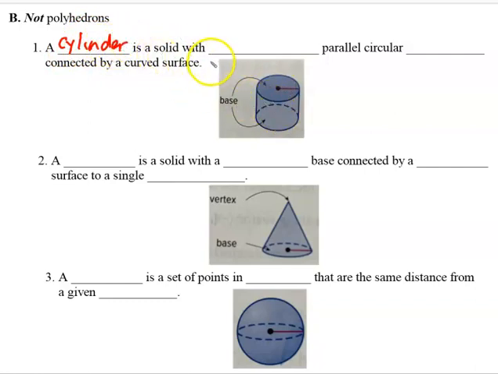It's a solid with congruent parallel circular bases connected by a curved surface. So that's one of the reasons why this cannot be a polyhedron. The main reason is that polyhedra have to have all flat surfaces. And you can see obviously that this cylinder does not, and no cylinder does. So cylinders do not qualify.